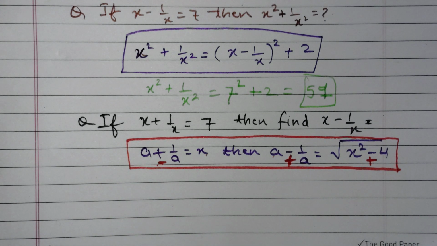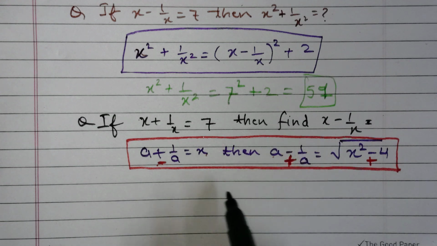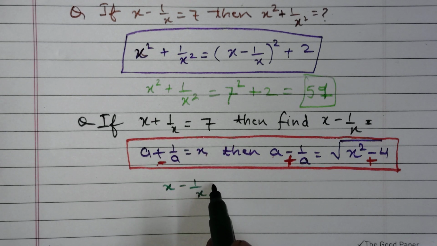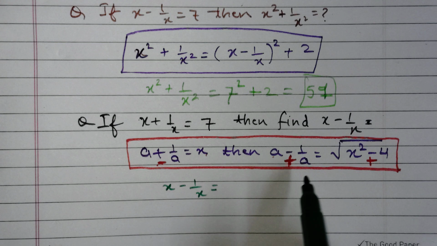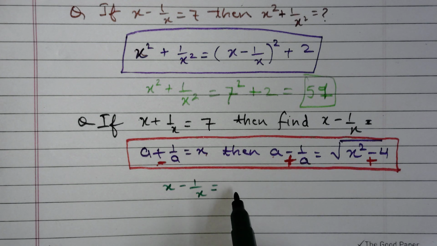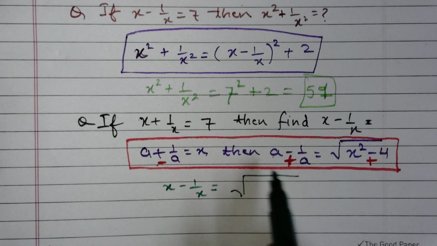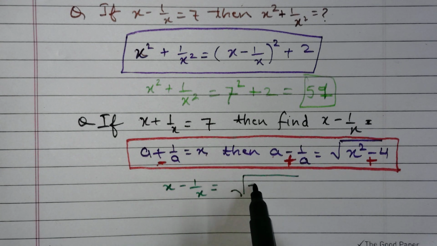This we can use here in the next question. So in this question, x minus 1 upon x, we have to find out, x plus 1 upon x is equal to 7. So x minus 1 upon x is equal to square root, and then here we use 7.